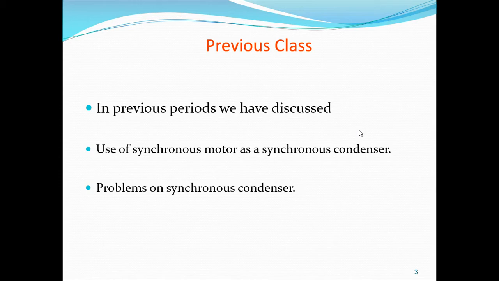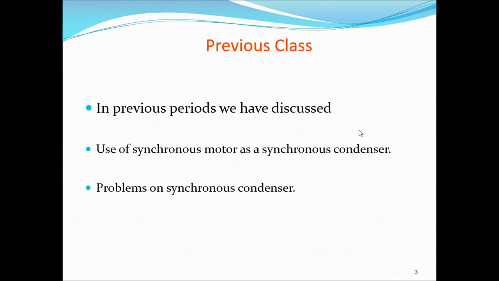From these characteristics, we can analyze the circuit parameters. In the V curve, we have drawn the curve between excitation on x-axis and armature current on y-axis. In both under excitation and over excitation, the armature current is high. But in normal excitation, the armature current value is low.